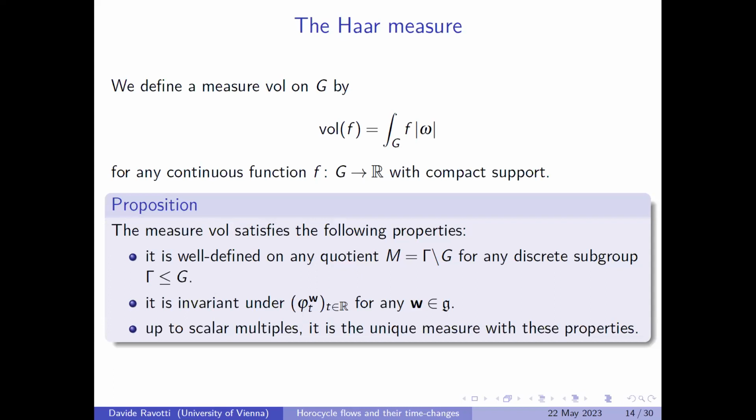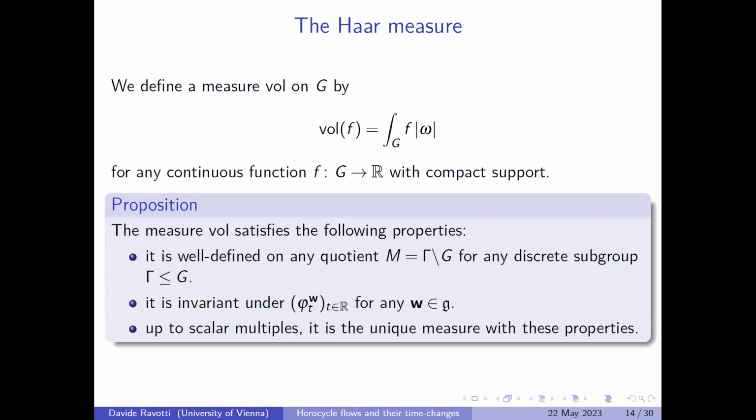So now we are set. We have defined our flow. We have defined the spaces, so these quotients here, and we have our invariant measure with respect to which we want to study the ergodic properties.